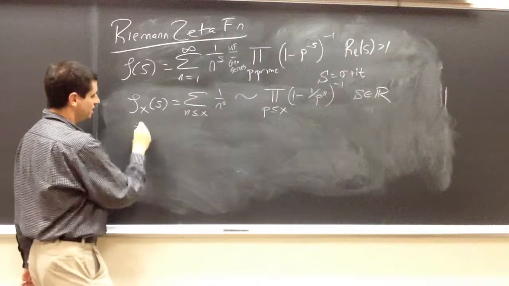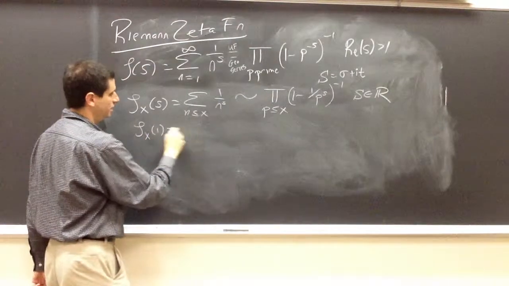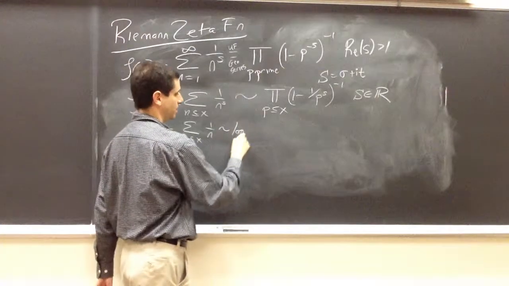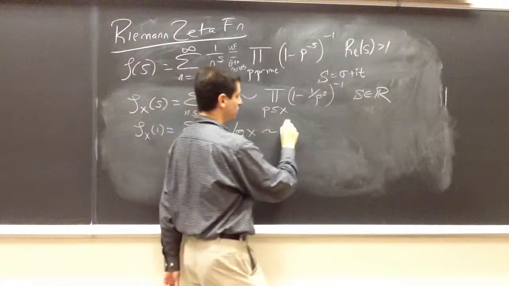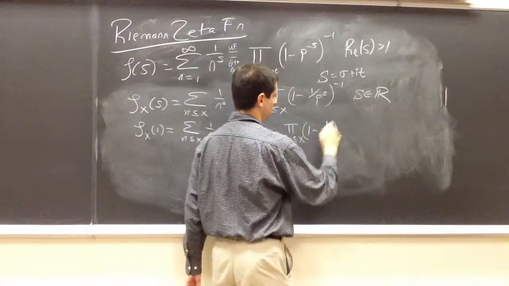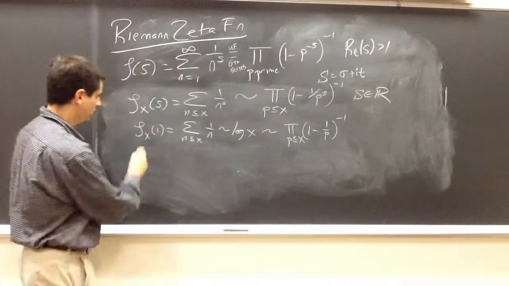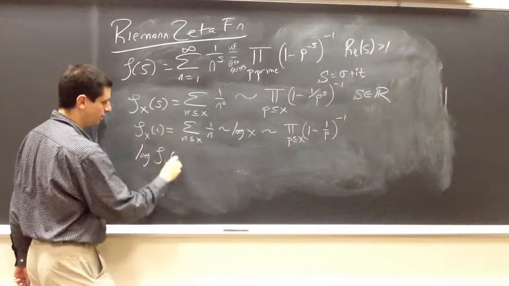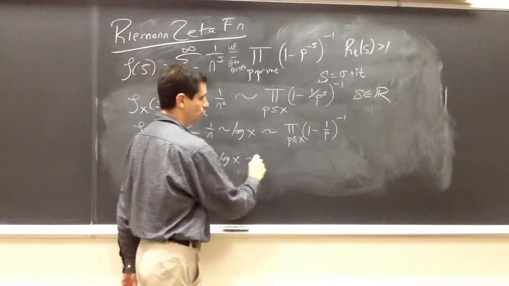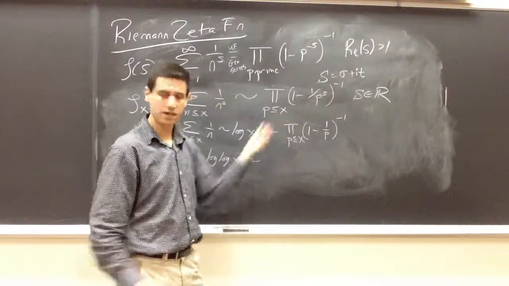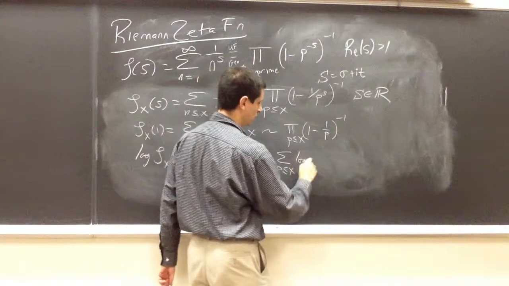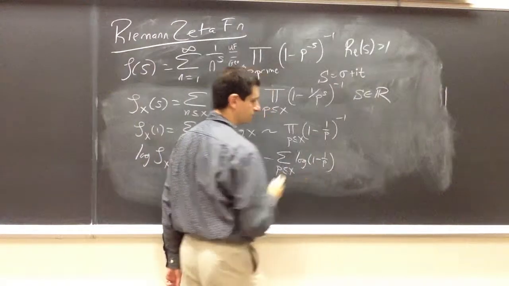So zeta x of 1 is the sum, n less than or equal to x, of 1 over n. This is about the log of x. And this is about the product, p less than or equal to x, of (1 minus 1 over p) inverse. So if I take logs, the log of zeta x of 1 is about log of x, which is about, now when I take the logs, the negative 1 comes out, I get negative sum, p less than or equal to x, of the log of 1 minus 1 over p.